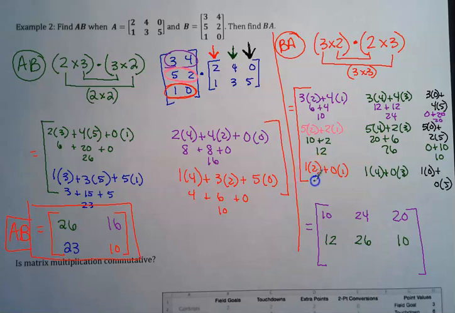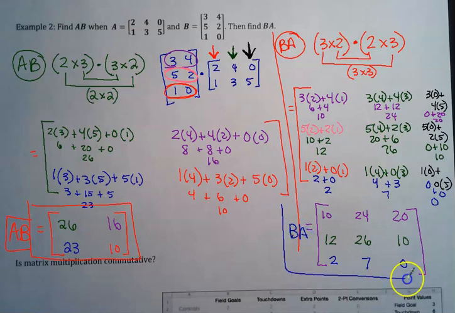Last row, 1 times 2 is 2, plus 0 times 1 is 0, so 2. 1 times 4 is 4, 0 times 3 is 0, 4 plus 0 is 4. And 1 times 0 is 0, plus 0 times 5 is 0, so we have a 0. So there we have B times A. And it is indeed a 3 by 3 matrix. So knowing the dimensions of your product is super helpful.